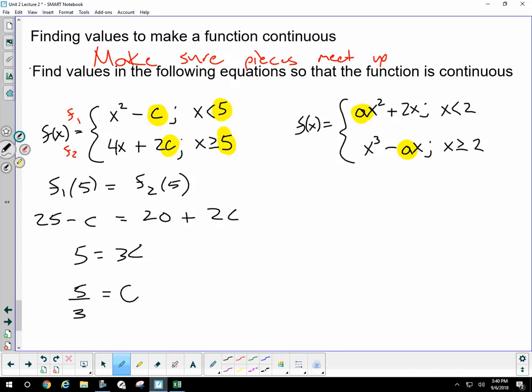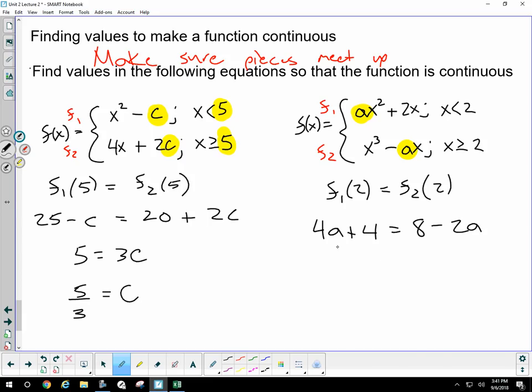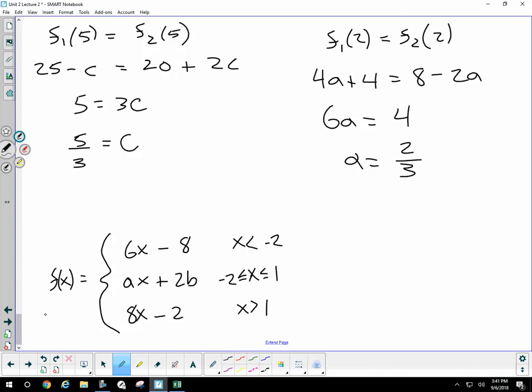Okay, you guys can do the second one while I do the second one and we can check our answers. You guys get 2/3? Yeah? Good.